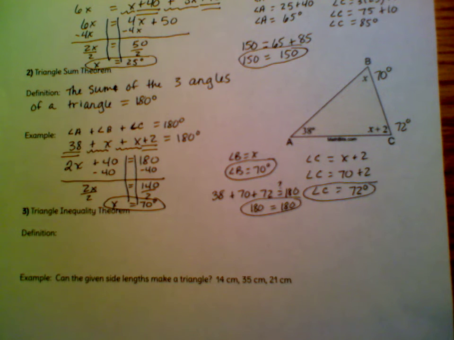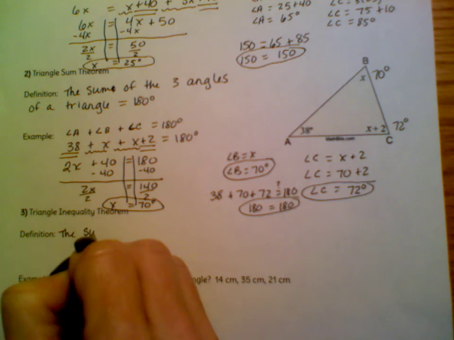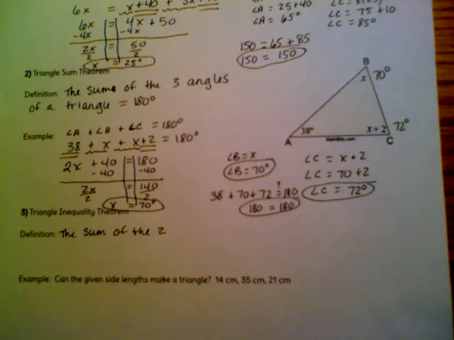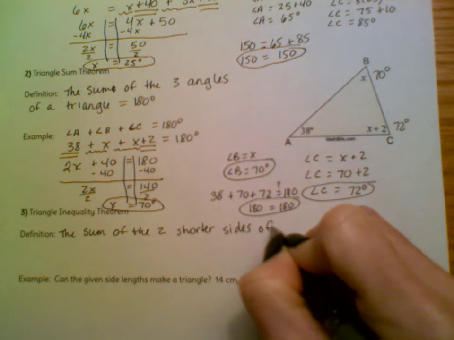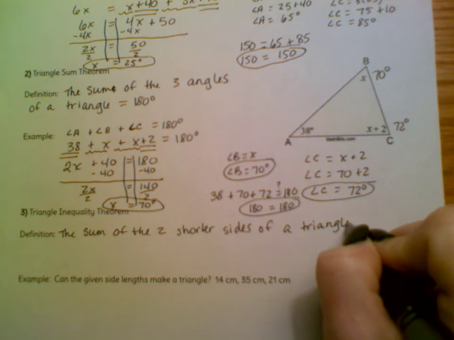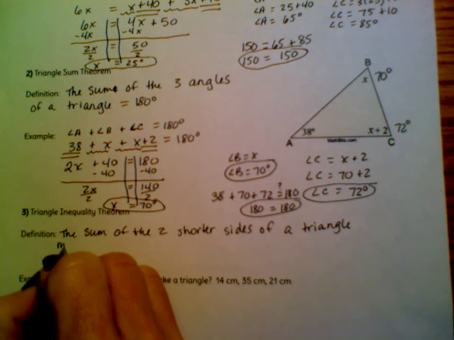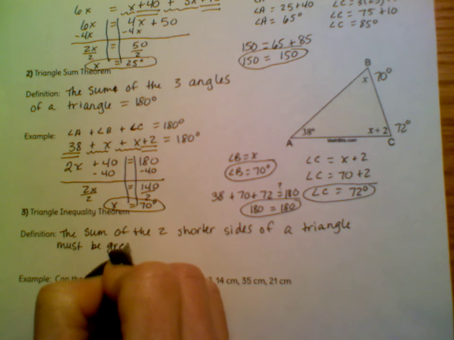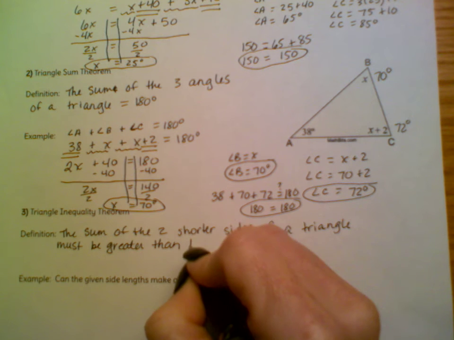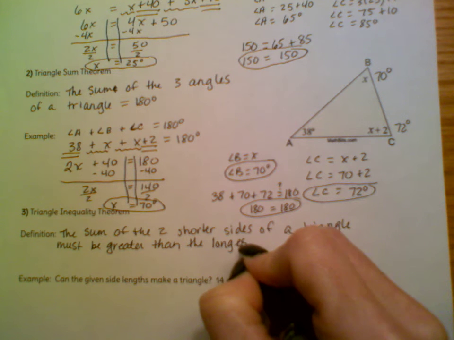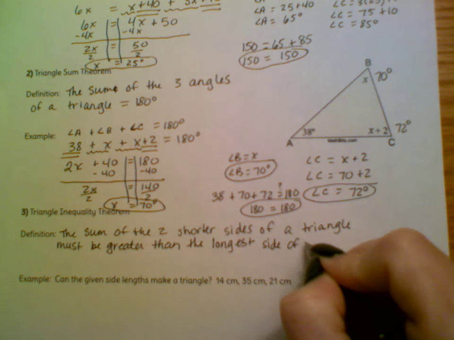Okay, so let's look at what that theorem tells us. The triangle inequality theorem states the sum of the two shorter sides of a triangle must be greater than the longest side of a triangle.